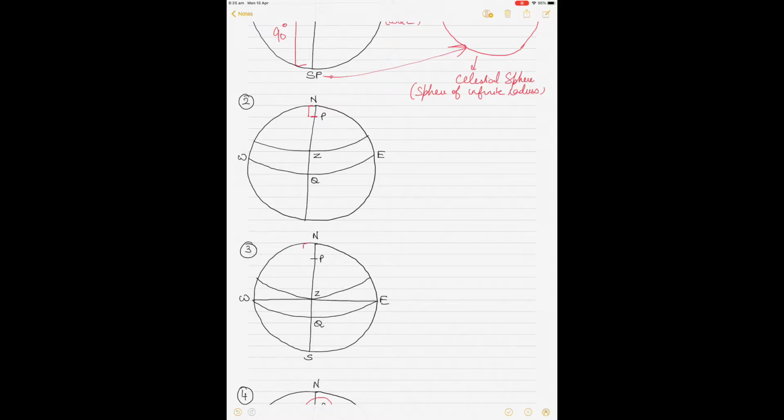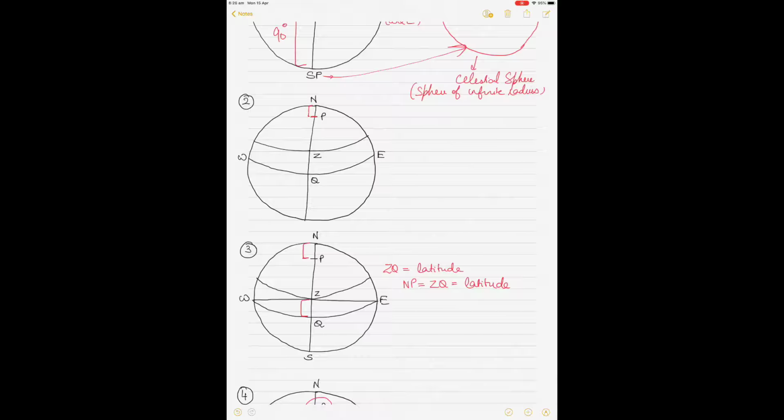Therefore, NP here becomes equal to ZQ. Alright, but ZQ is equal to the latitude, right? Because it's been measured from the equator. So therefore, NP will be equal to ZQ, which will be equal to the latitude. And then slowly this becomes the basis of the rational horizon diagram.